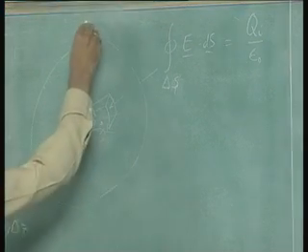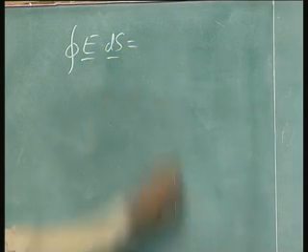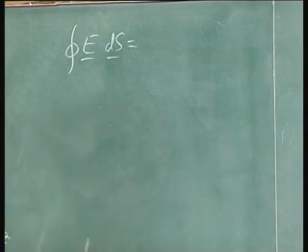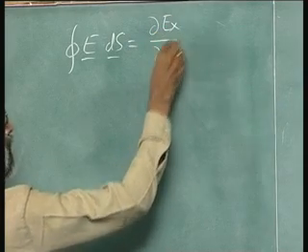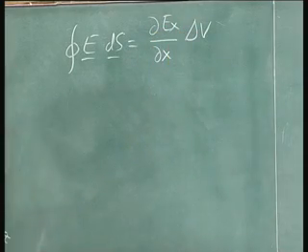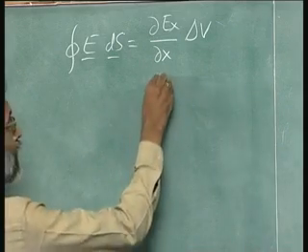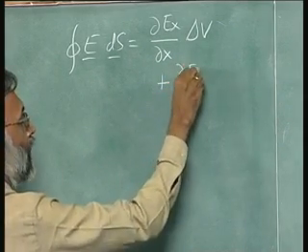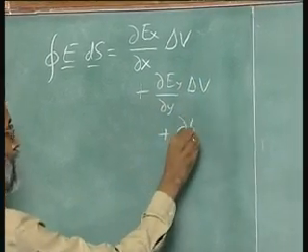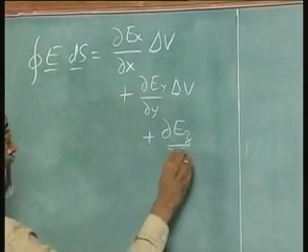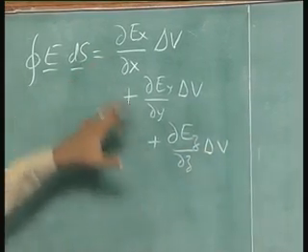What do you get? You get that integral E dot ds is equal to del Ex del x times the total volume plus 4 other terms, and I am going to write out the 4 other terms, that is del Ey del y delta v plus del Ez del z delta v. Each of these is 2 terms, 2 surfaces.